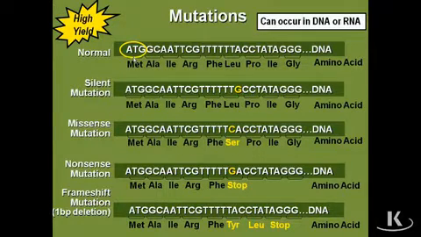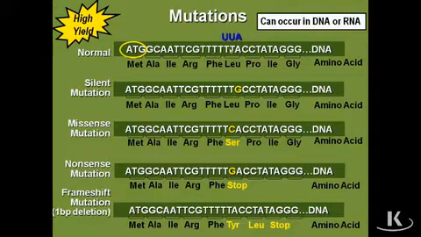Now, what I want you to recognize is that the first triplet in a protein is always going to encode methionine. Let me back that up. The first triplet in the DNA or corresponding RNA is going to correspond to methionine. Methionine is always the first amino acid in a newly synthesized protein.